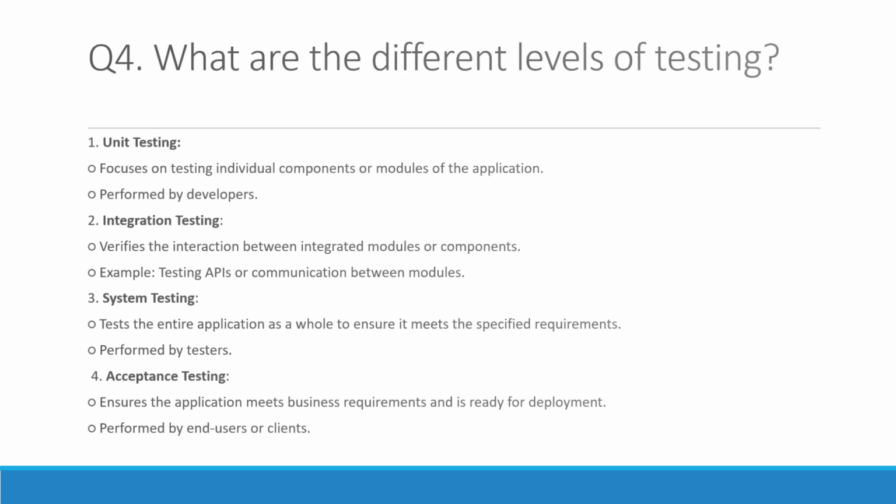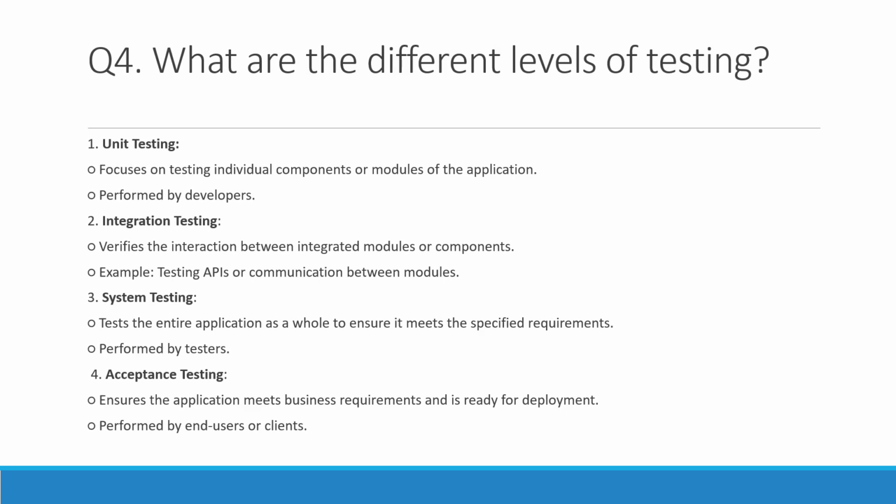Moving on to question number 4. What are the different levels of testing? We have 4 core levels. Unit testing tests individual components or modules, typically by developers. Second one, integration testing verifies interaction between integrated modules such as APIs or data flow.